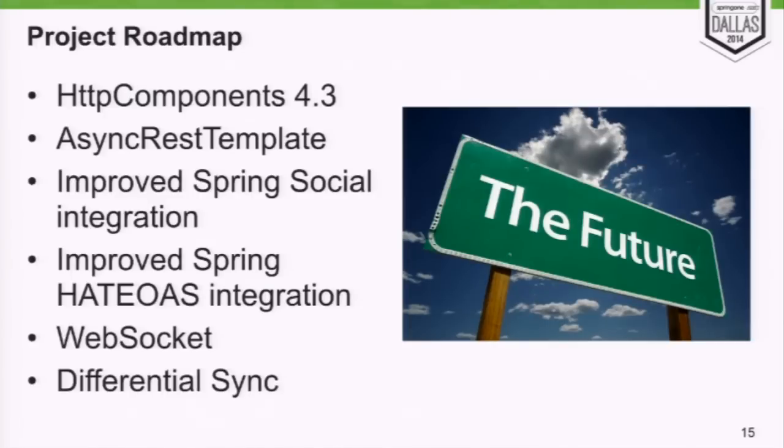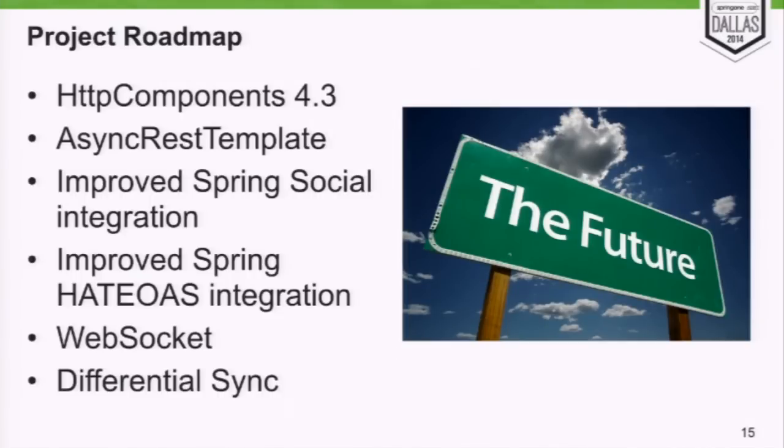Okay. So I mentioned some of the project roadmaps for Spring for Android. I mentioned the HTTP components. One of the next things that's really important to us is to get async RestTemplate in here. If you guys aren't using it yet and use RestTemplate, then I highly recommend it, because it's obviously an improvement over just the regular RestTemplate.